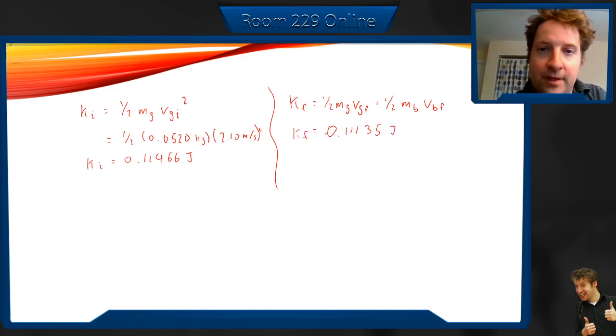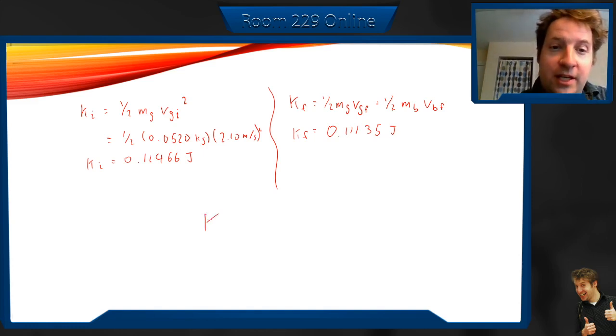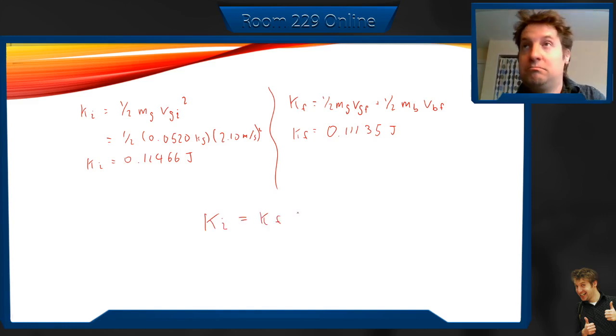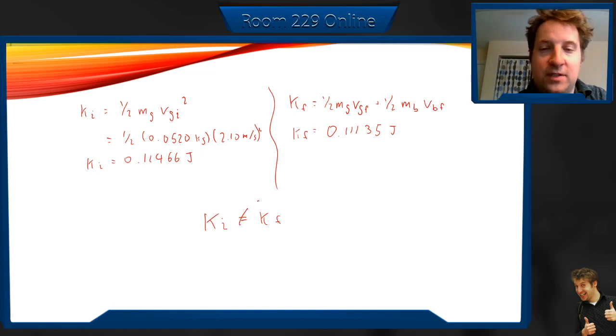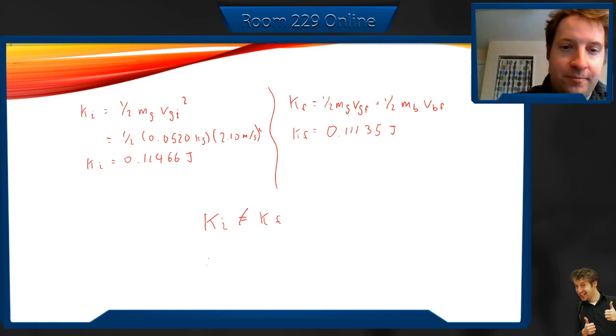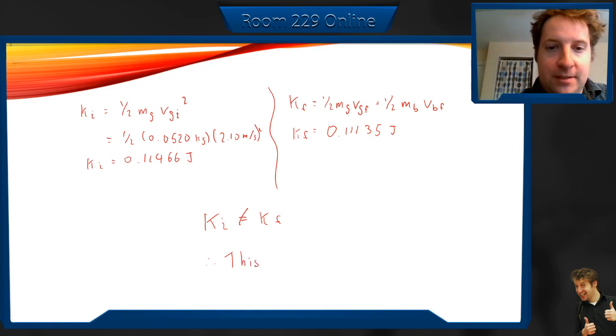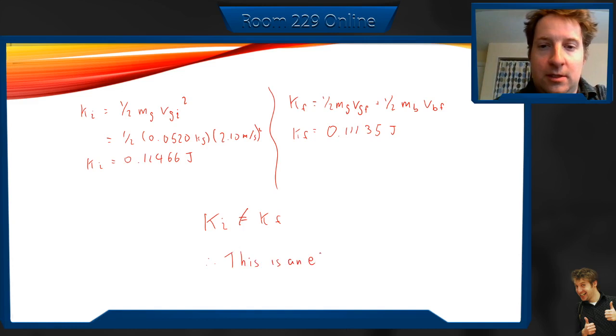Okay. Now, what have we noticed? Is the energy conserved? Is the kinetic energy to begin with equal to the energy afterwards? No, they're not the same. So therefore, is it an elastic collision?